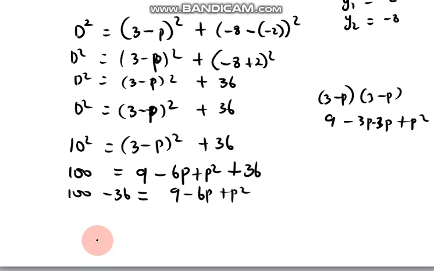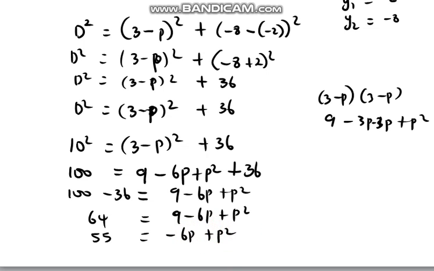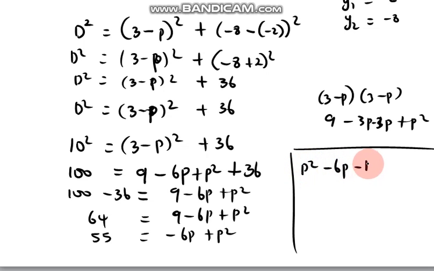Now if you do that, you have 64 equal to 9 minus 6p plus p square. Further, you take your 9 down, you have 55 equal to minus 6p plus p square. Arranging it to form a quadratic equation, we have p square minus 6p minus 55 equal to 0.